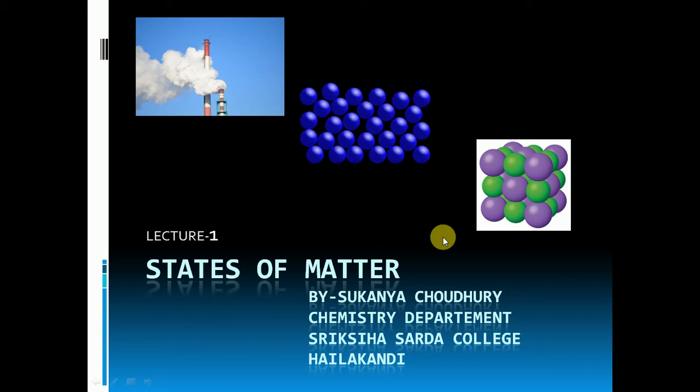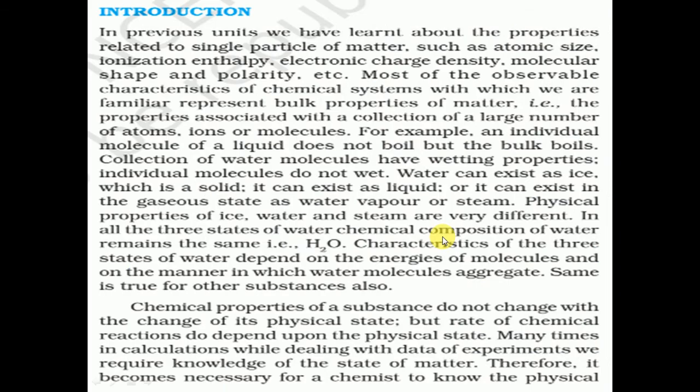Now, we know that there are three types of states of matter. That is, matter exists in three different physical states, namely solid, liquid and gaseous state. And the important characteristics of these are, we know that a solid possesses a definite size, that is volume, and a definite shape.